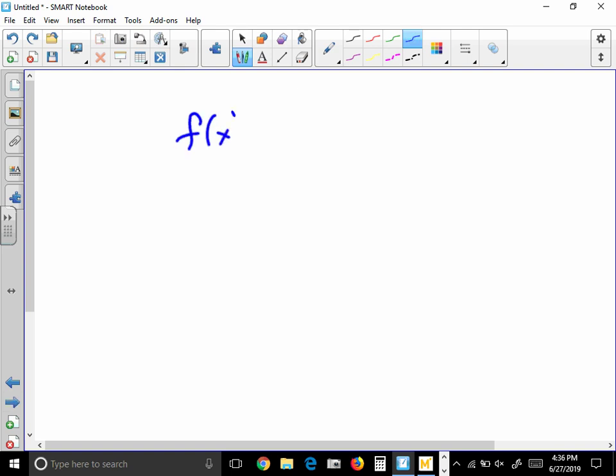If I have a function, how do I check to see if it's increasing or decreasing? What about a function tells us if we're going up or down? The derivative. Remember, the derivative tells us the slope, and that tells us whether we're going up or down, increasing or decreasing.